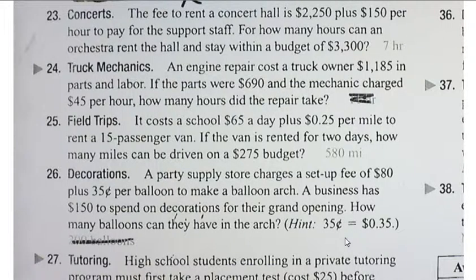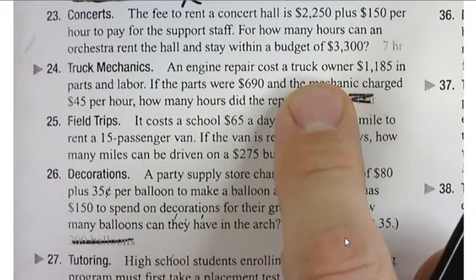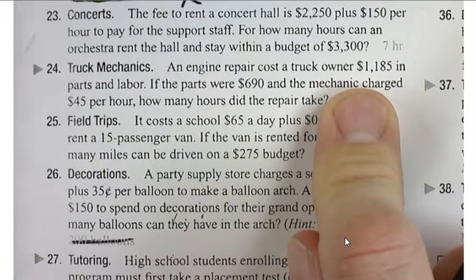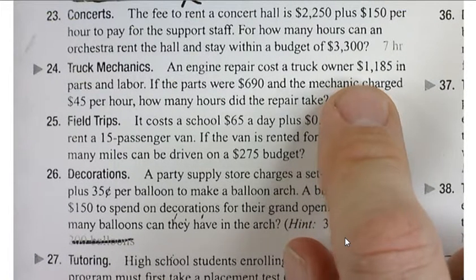So, problem 24. An engine repair costs a truck owner $1,185 in parts and labor. I wonder if this is like actually happened to the author. I don't know. We'll find out.